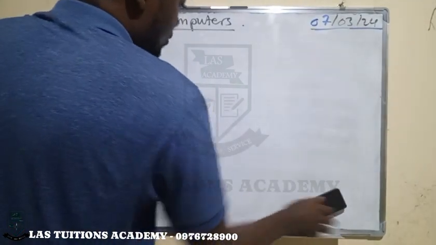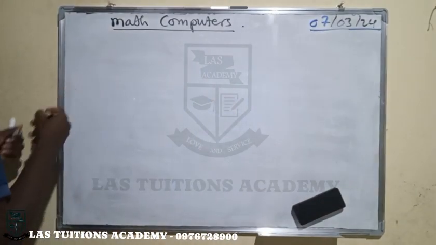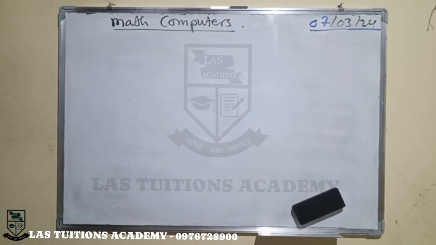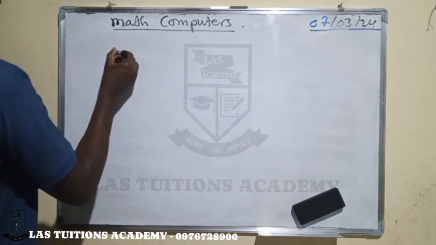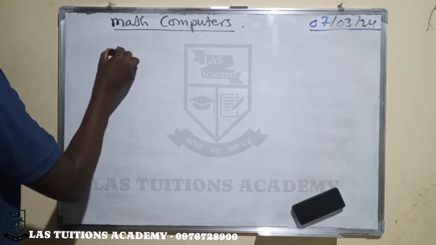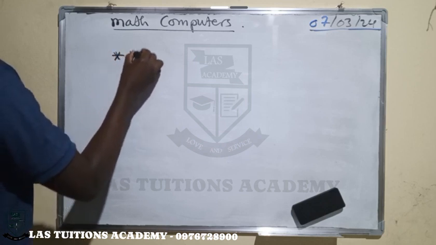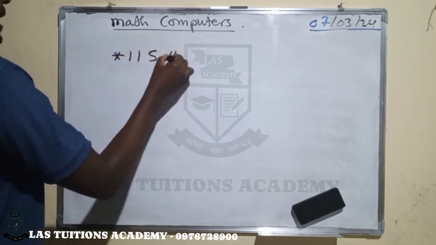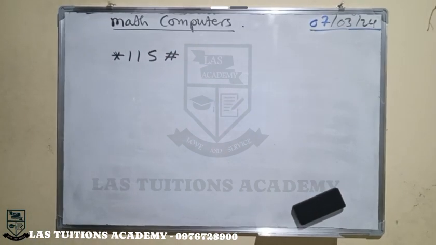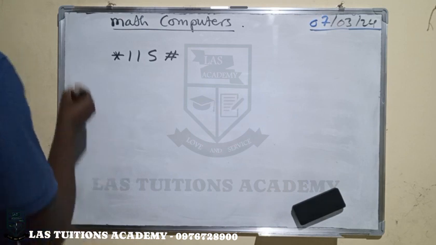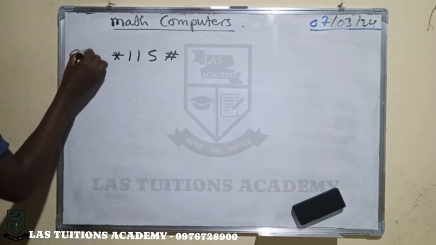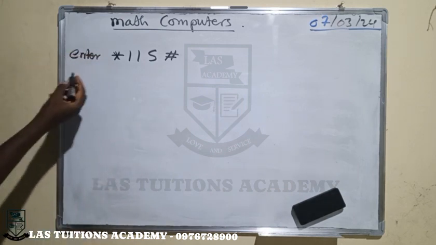What about if you want to check your mobile money balance and you're using Airtel? What do you do? Star 115 hash, isn't it? Yes. Then from there, what option do you enter?